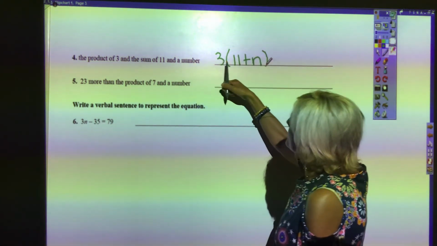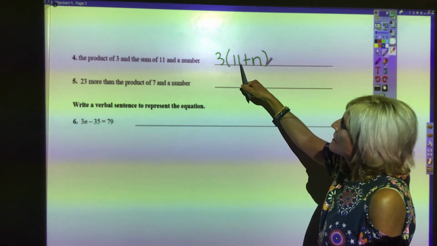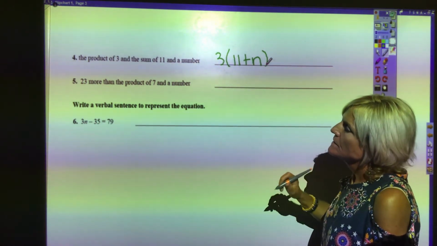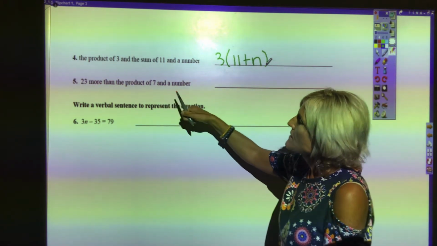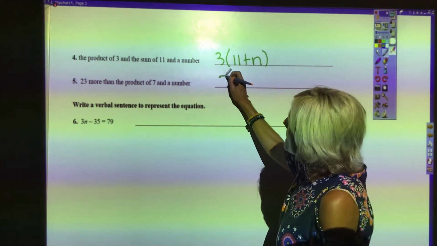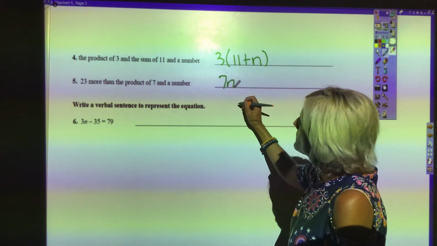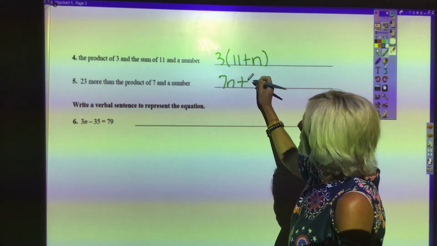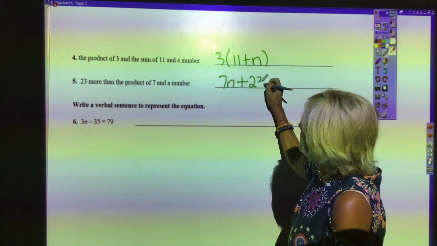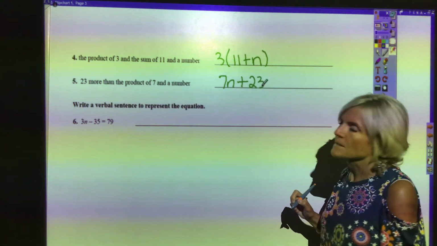So we're taking 3 times the sum of 11 and a number. 23 more than the product of 7 and a number. So we have 7 times a number, and we're adding to that, we're making more than 23. 7n plus 23.